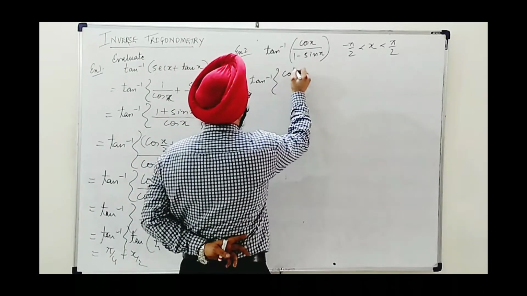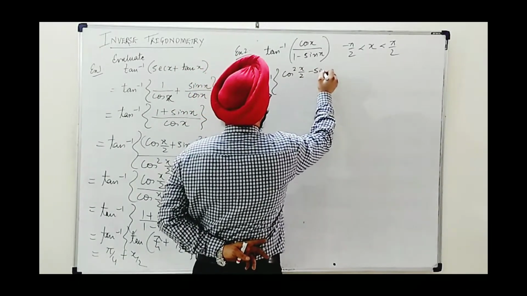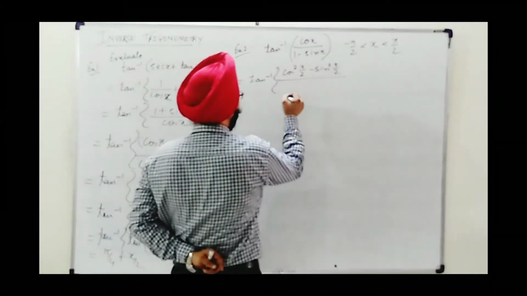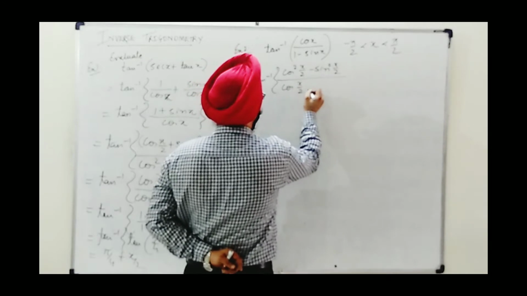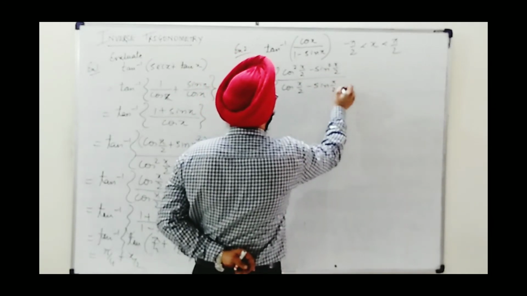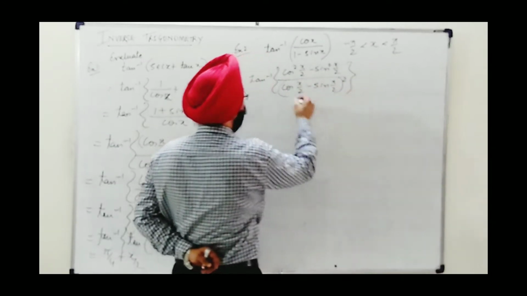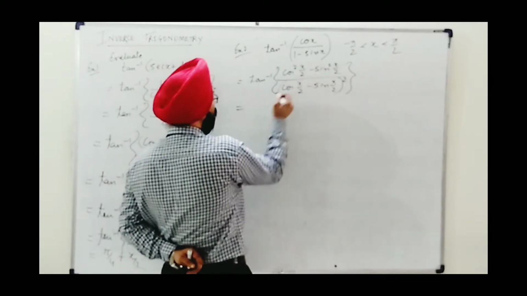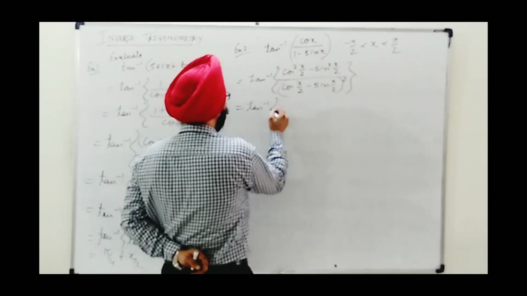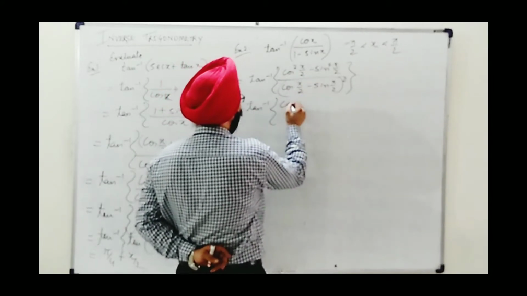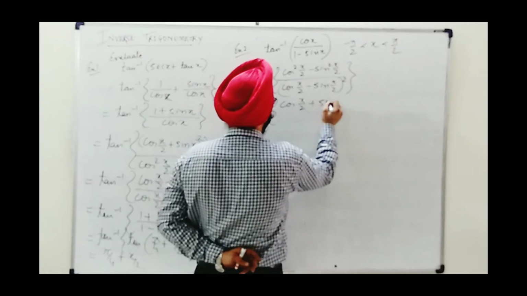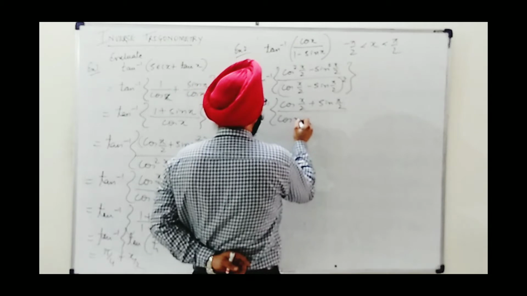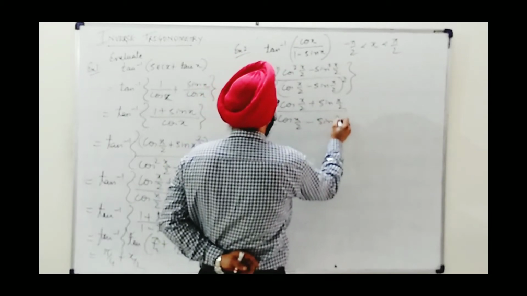Here this can be written as cos square x by 2 minus sin square x by 2, by the condition and properties. This can be written as cos x by 2 minus sin x by 2 whole square. After cancellation, applying a square minus b square as a plus b, a minus b in numerator, that minus term will be cancelled out and we are left with cos x by 2 plus sin x by 2 upon cos x by 2 minus sin x by 2.